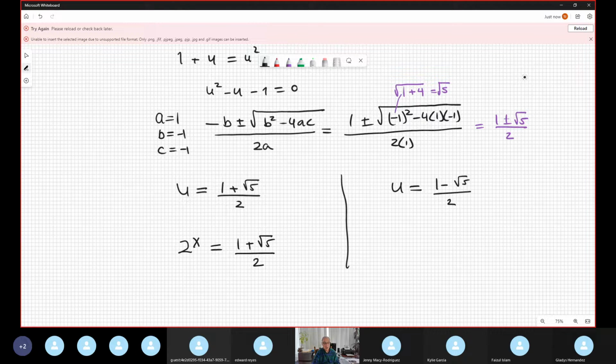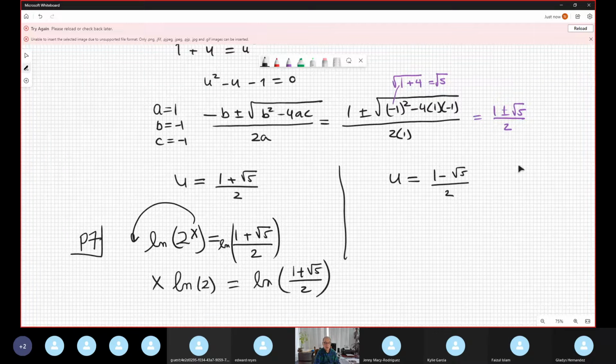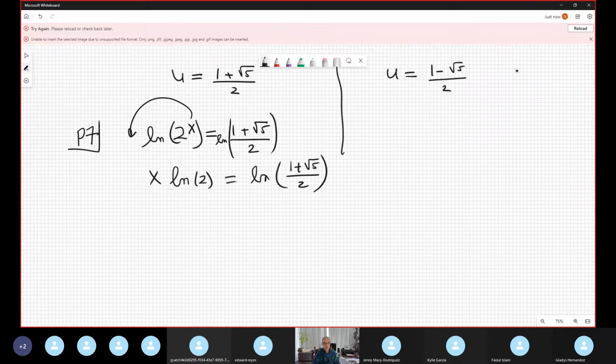And you apply logarithm. What kind? Either way, natural maybe. We apply one more time property 7, and this x goes to the front. That's a factor. Okay, finally, divided by natural logarithm of 2, both sides.